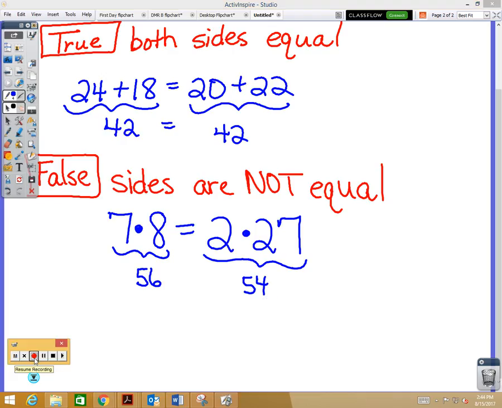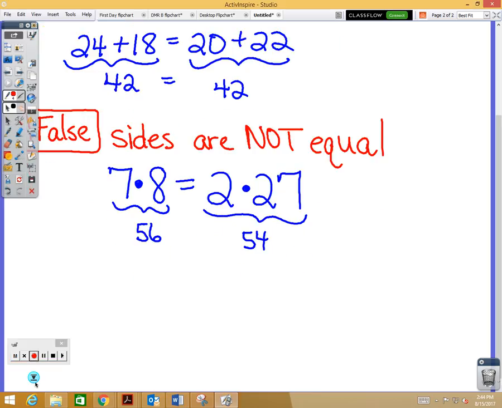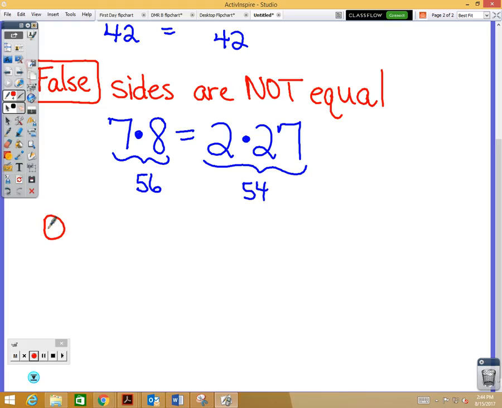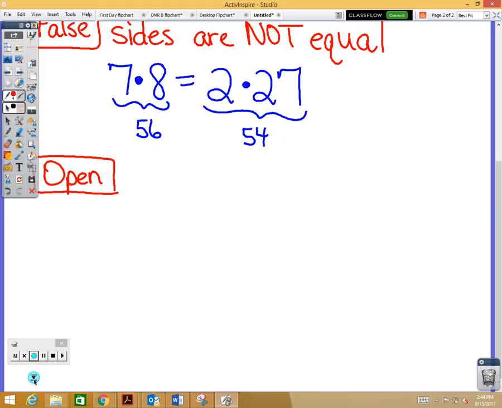Our last option is the opens, the open equations. So in an open equation, it may or may not be true or false. It's going to depend on what number you put in place for the variable. So again, an open equation may or may not be true or false.